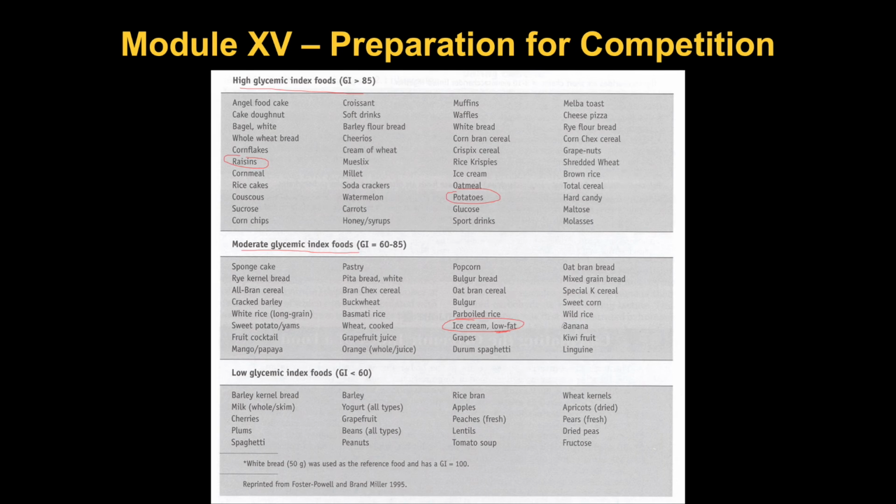The reason why I bring this up is because you do have individuals that will use the glycemic index in a manipulative kind of way. So you've got some foods that might actually register as a low glycemic index food, but we wouldn't necessarily want to overconsume those foods because they're not considered healthy.